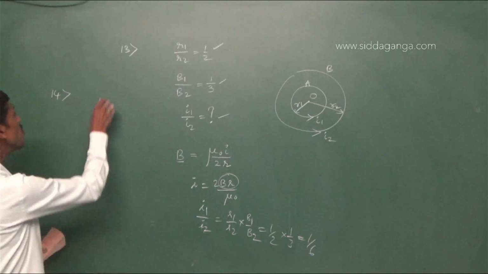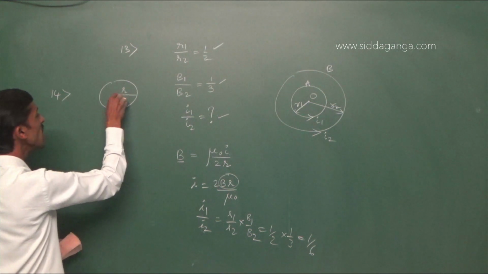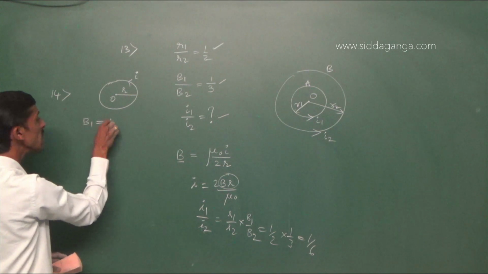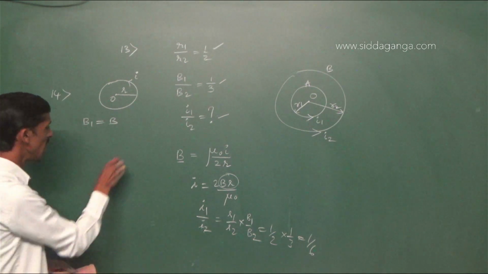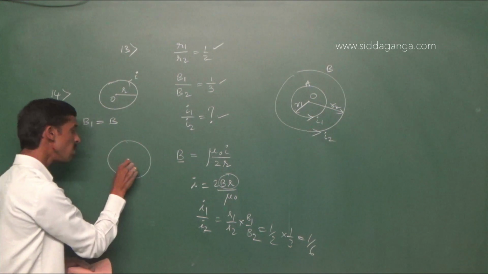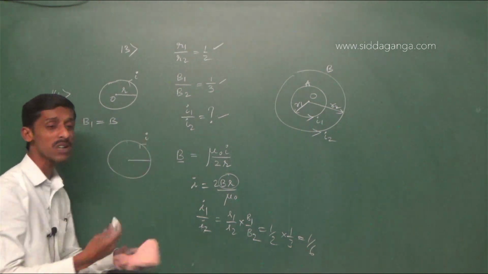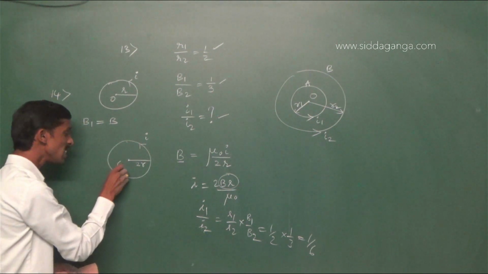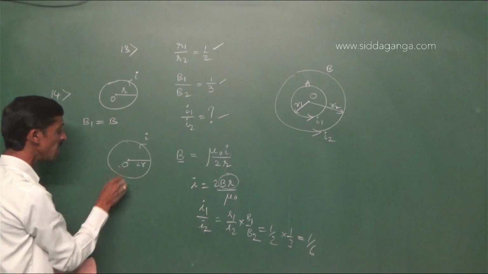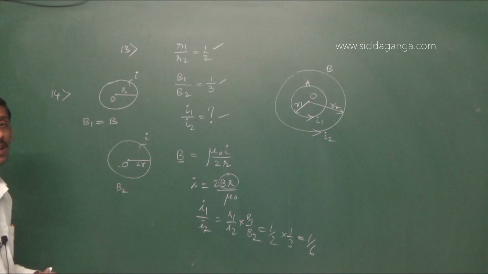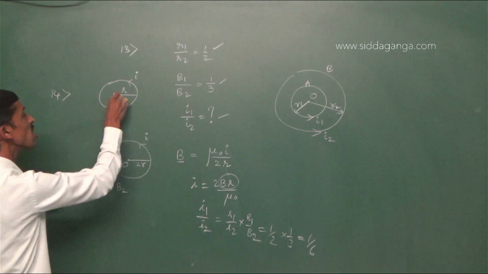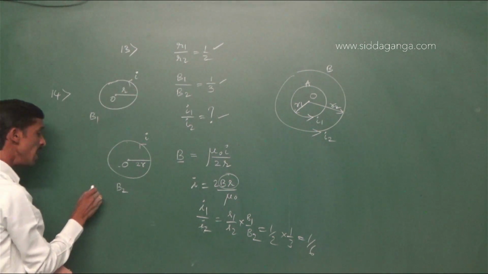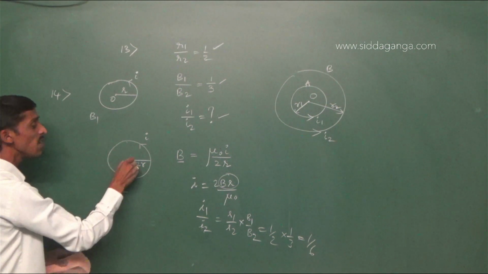There is a circular loop of radius R carrying current I. The magnetic field at the center will be B1. There is another circular coil also carrying the same current I, but its radius is 2R. The magnetic field at its center will be B2. B1 is the magnetic field at the center of the circular coil of radius R, and B2 is the magnetic field at the center of the circular coil of radius 2R.